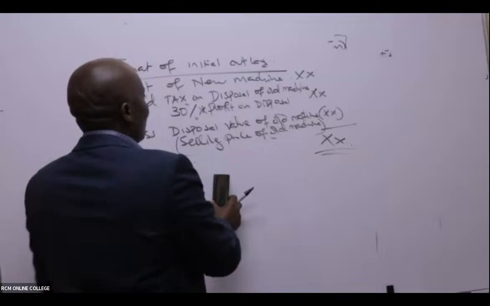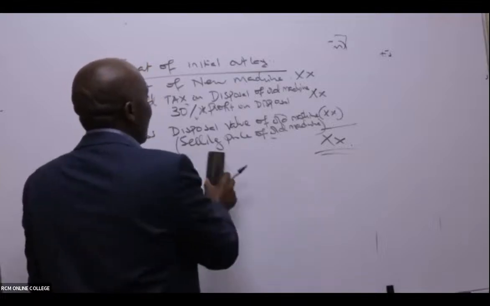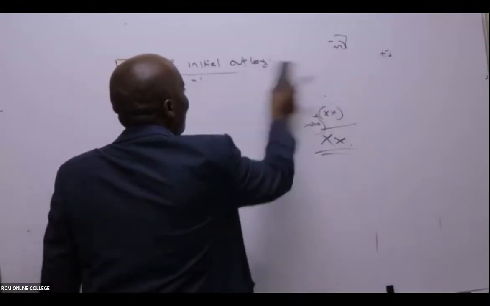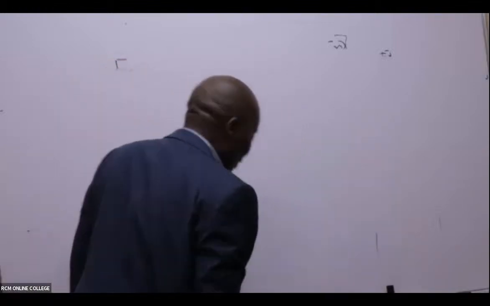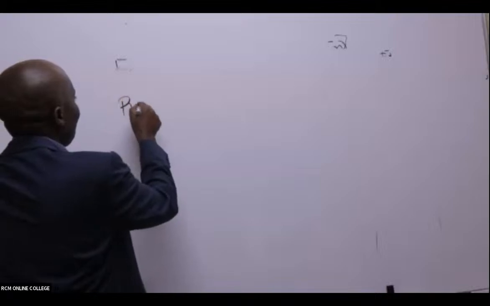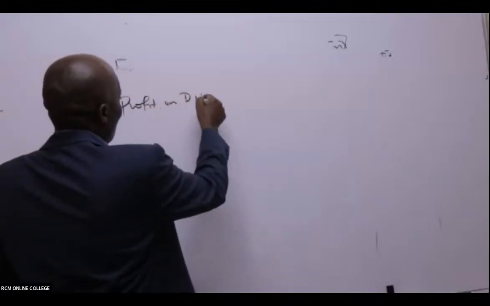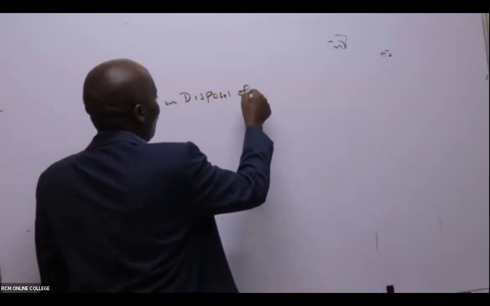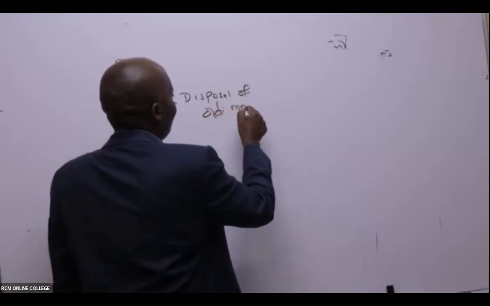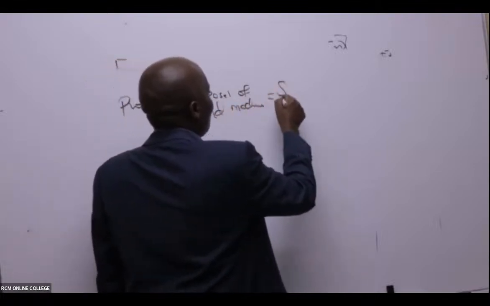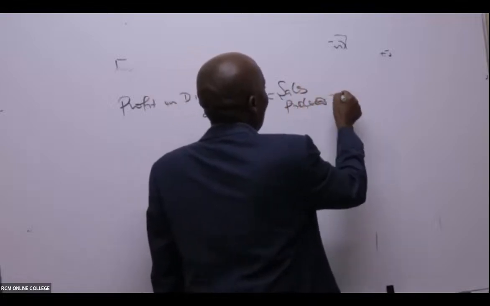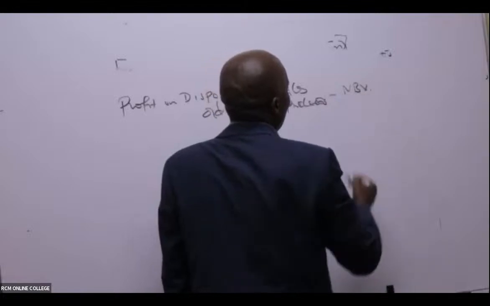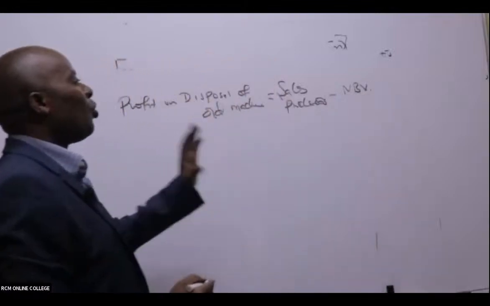So the only thing that I'm looking for here is the tax on disposal. First of all, give me the profit on disposal of old machine: sales proceeds minus net book value at year 2.